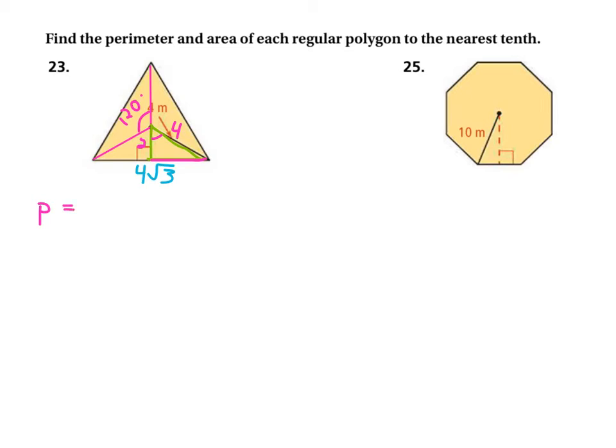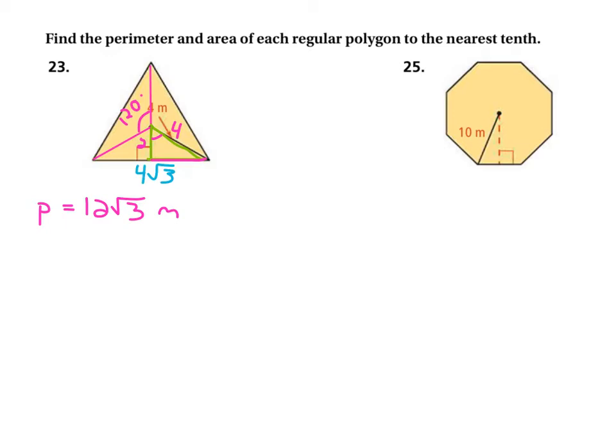So the perimeter of this whole thing would be 3 equal sides of that, or 12 root 3, and the units were meters. Now we need to calculate that because they said to the nearest tenth, which means they don't want it in radical form.